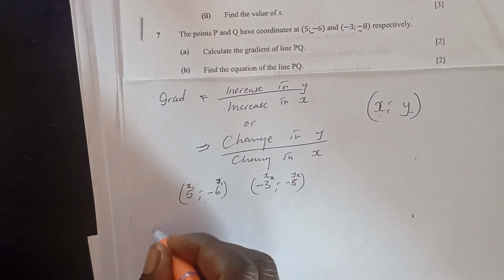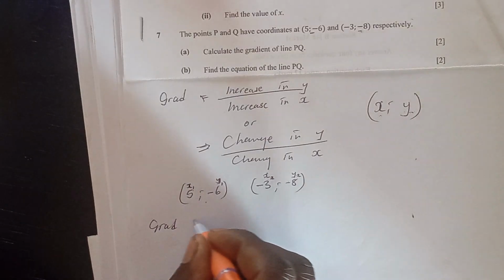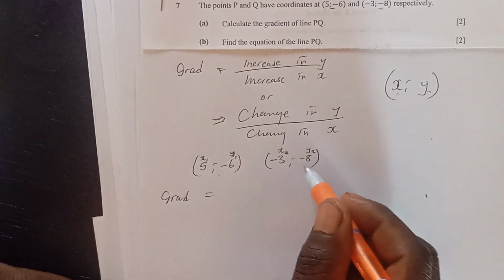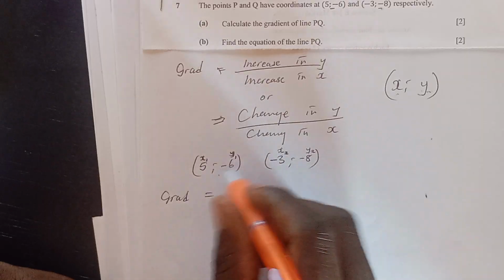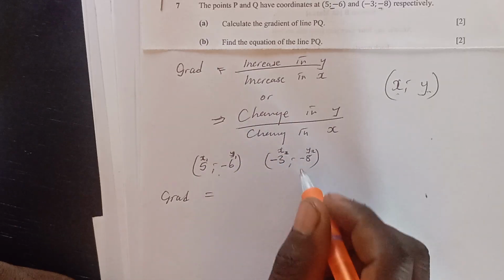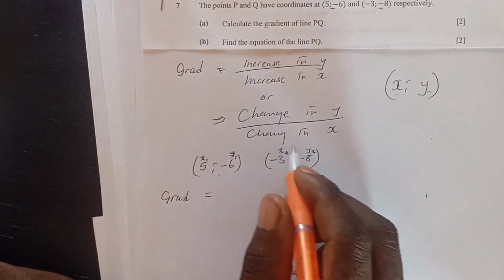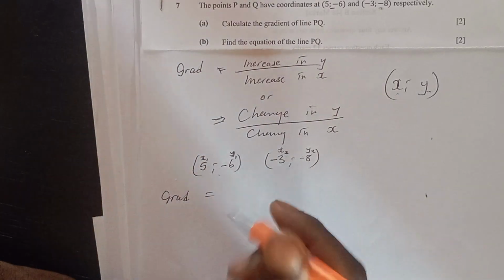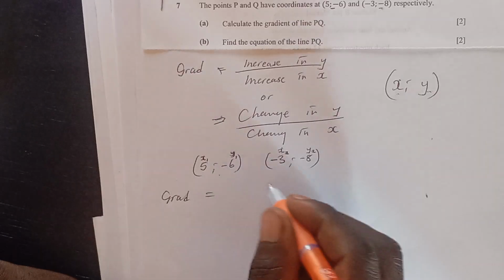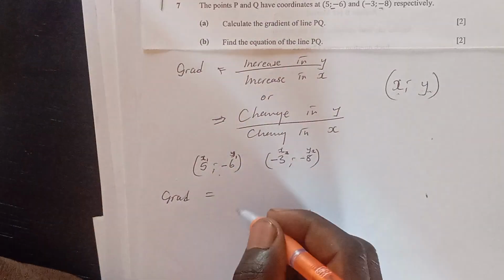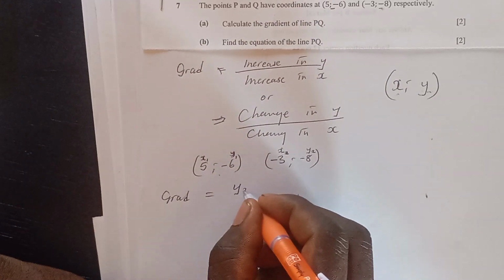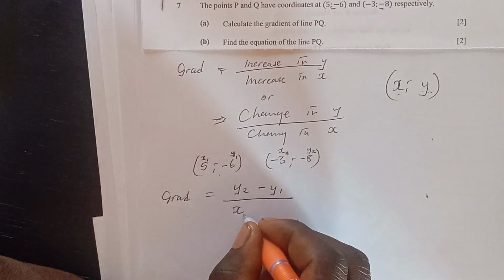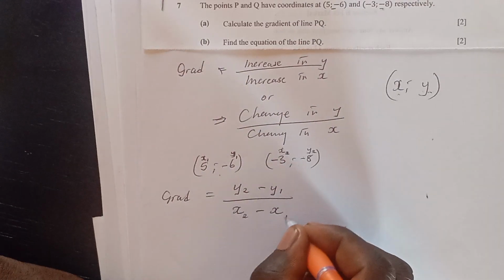To indicate that movement, we say y2 minus y1 all over x2 minus x1.